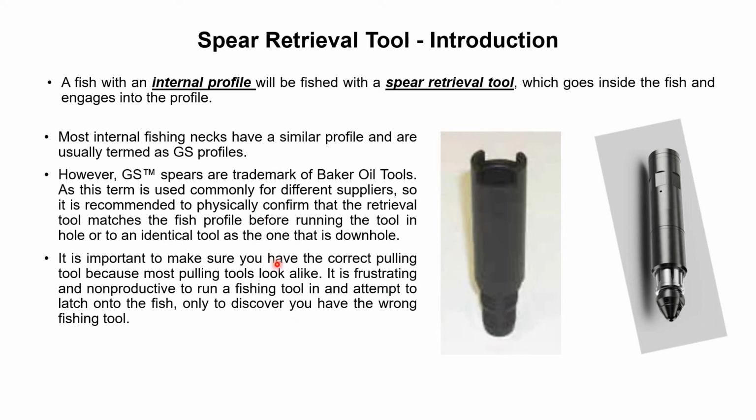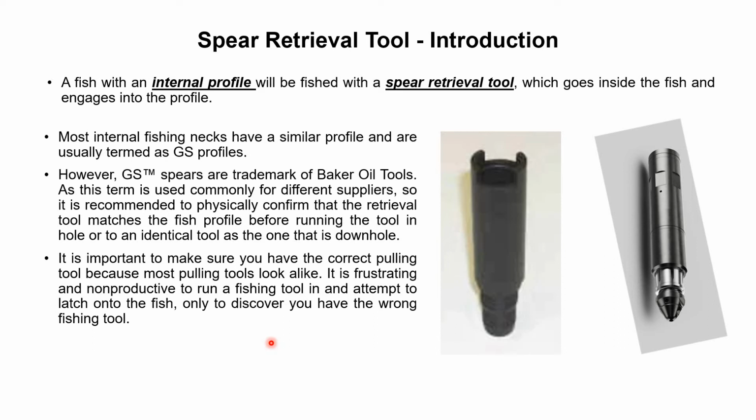So in this particular slide, what we have discussed is that the tool which will latch the fish internally is known as a spear tool. The internal fish neck is usually termed as GS profile, but this GS term is for Baker tools. But nowadays this GS term is used commonly, no matter whether it belongs to Baker, Schlumberger, Interval or some other supplier.